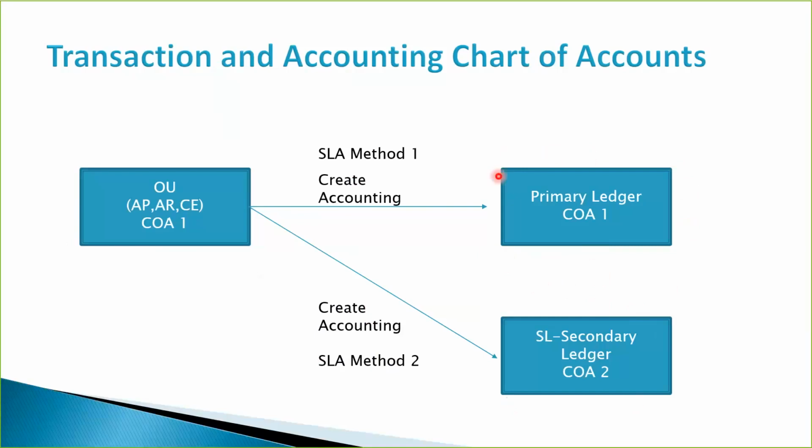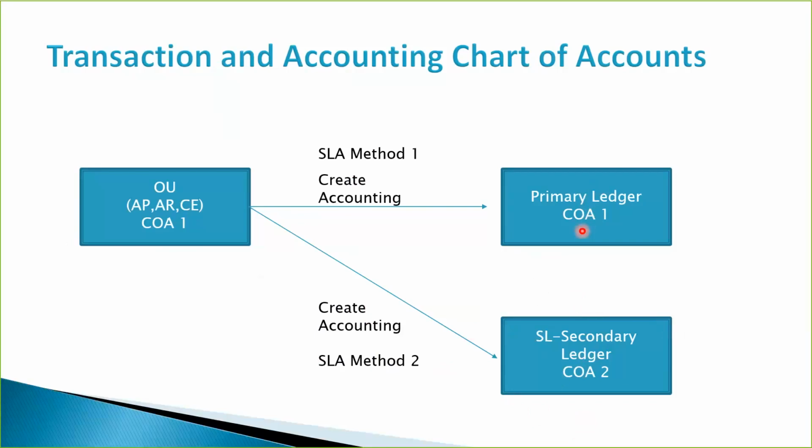However, within the company, your management also wants to keep a different type of accounting. Maybe they want to use cash also. So they would create a secondary ledger and assign a different accounting method, so the cash accounting method. So that's some of the ways that these two ledgers can differ, all right?